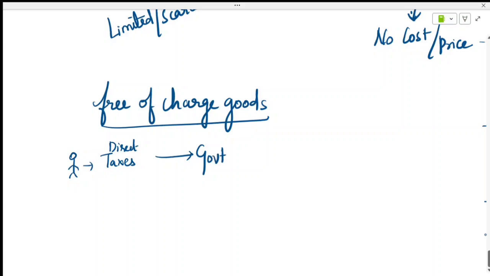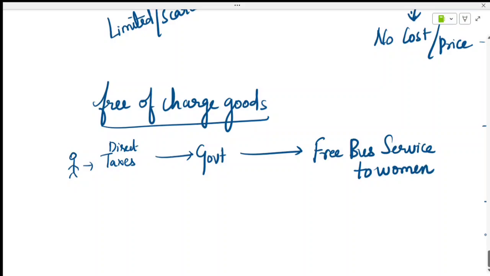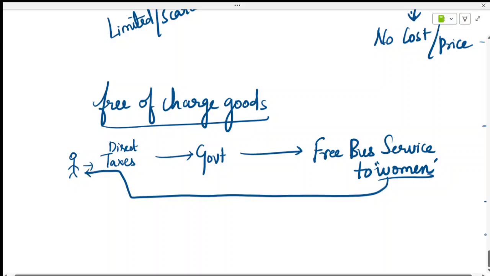So government is spending to give free bus service to women. Here the service is given at a free cost to women, but this money is charged upon the persons who are paying the direct taxes. These types of goods are called free of charge goods.